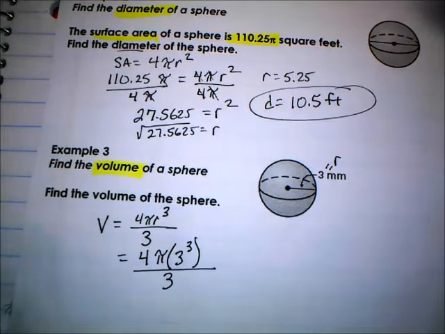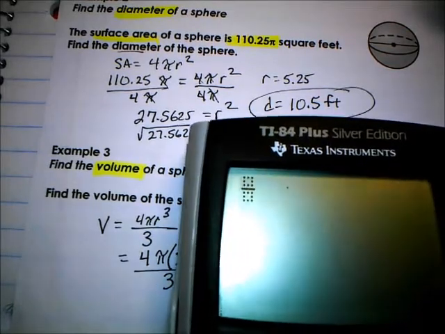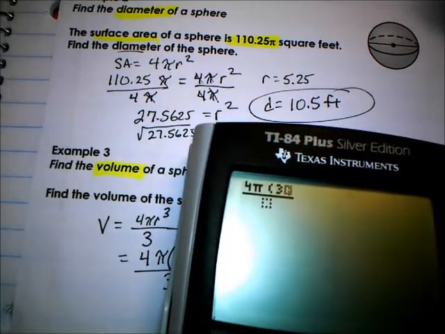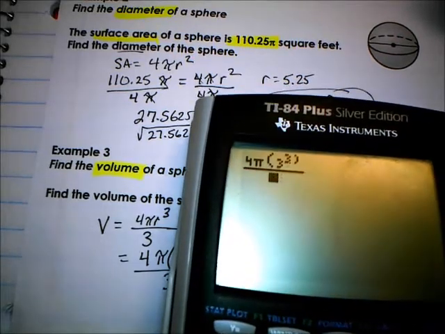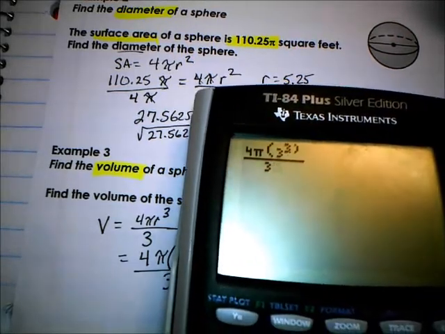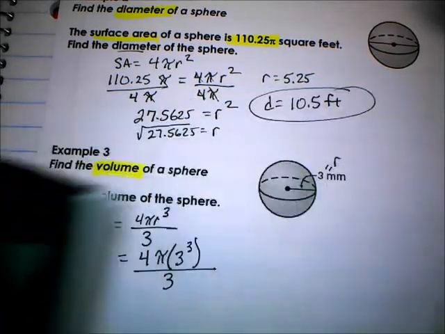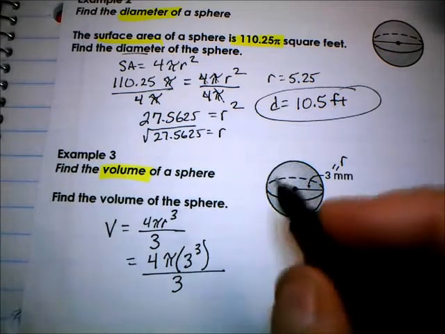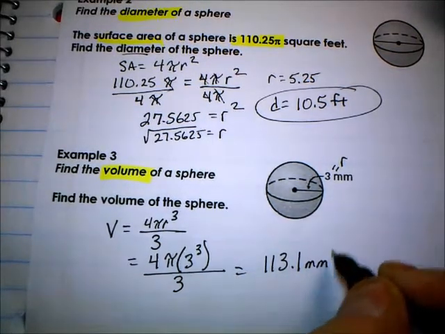I'm going to go to my calculator and type this in. In that fashion, and I'll push enter and get 113.1, and that would be millimeters cubed because it's dealing with volume.